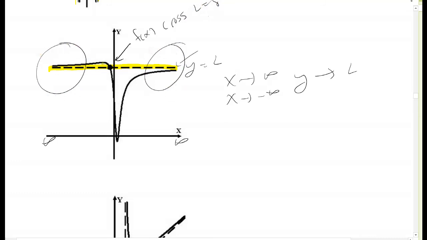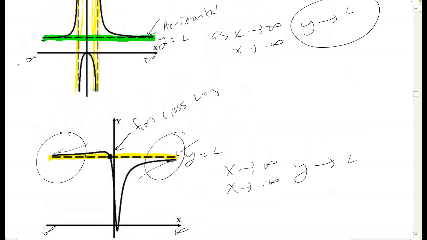You'll notice it just crosses it here near the origin, but then at the edges it approaches that number. The horizontal asymptote is the only one that can be crossed. Vertical asymptotes, which these are, you never cross.